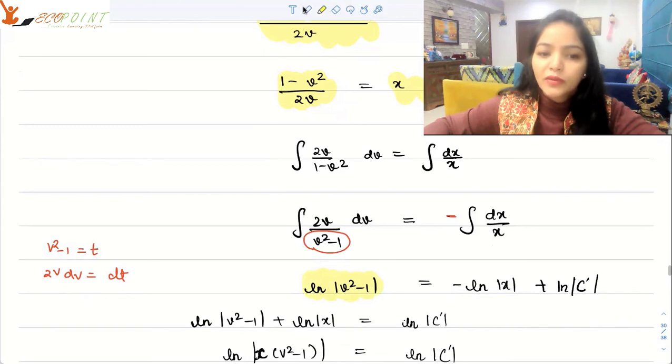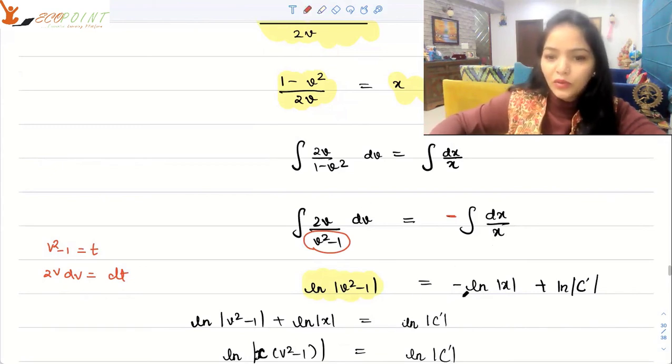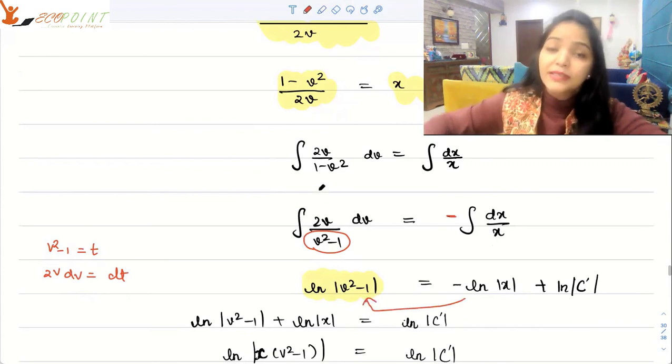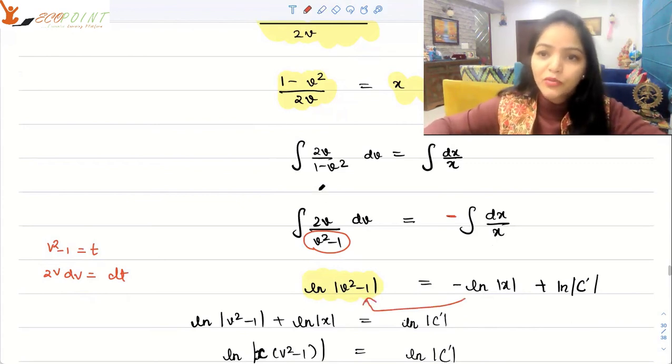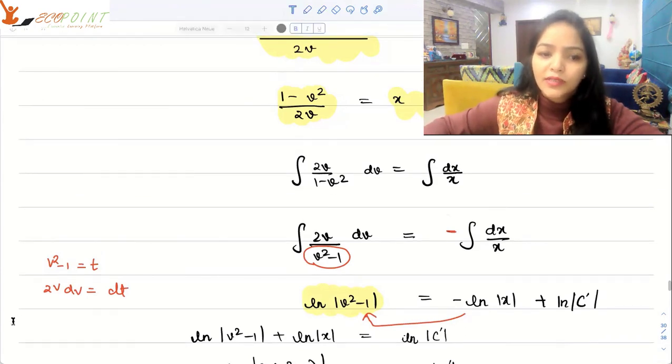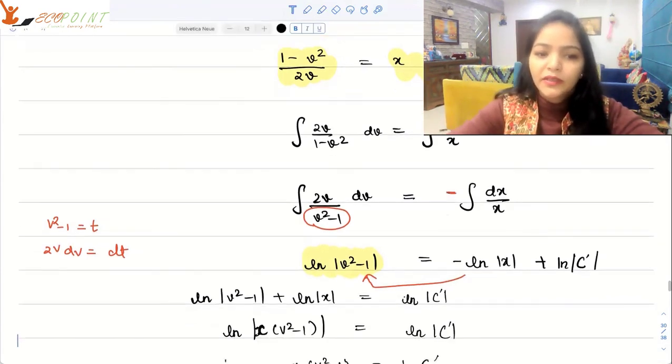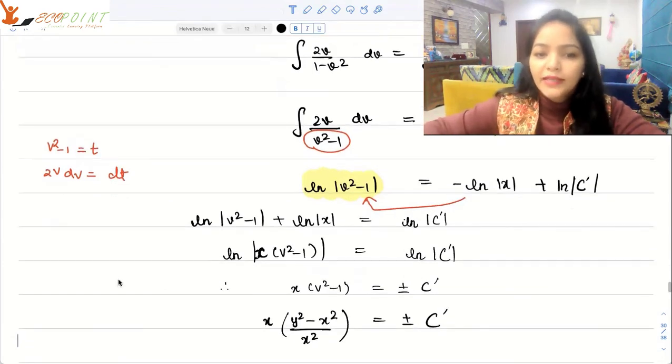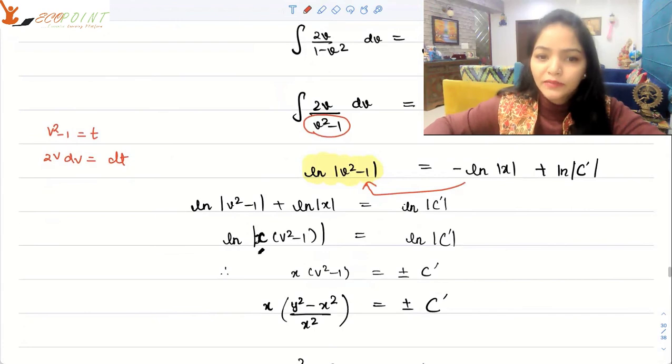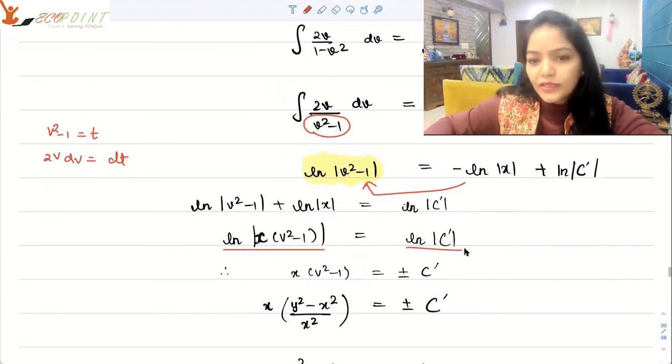So log of (v square minus 1) plus, I'm taking all the logs on the same side, since you have log on both sides, so you can use the product rule. So this becomes log of mod of x times (v square minus 1) is equal to log of mod c dash.